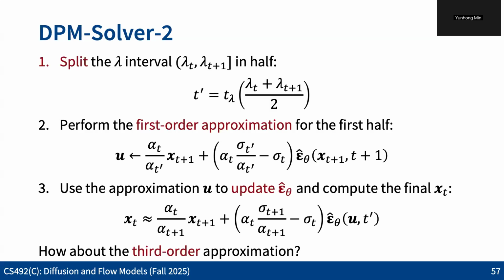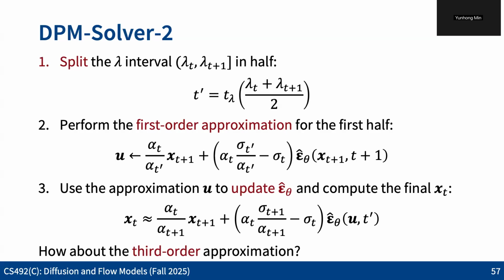So we are not computing the next sample for the entire time interval, but just half of it, computing the midpoint u here. Based on that, we do a second update, updating the noise prediction with the middle point, and based on that we compute the final data point. That is the basic idea for the second order approximation.